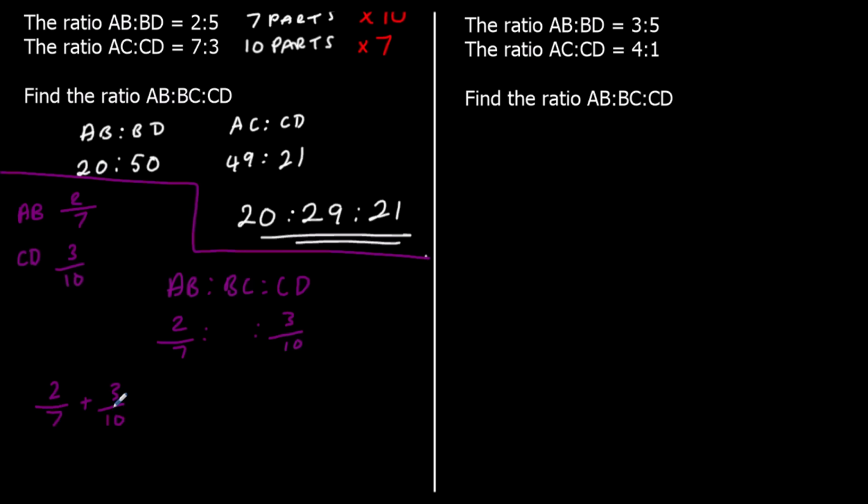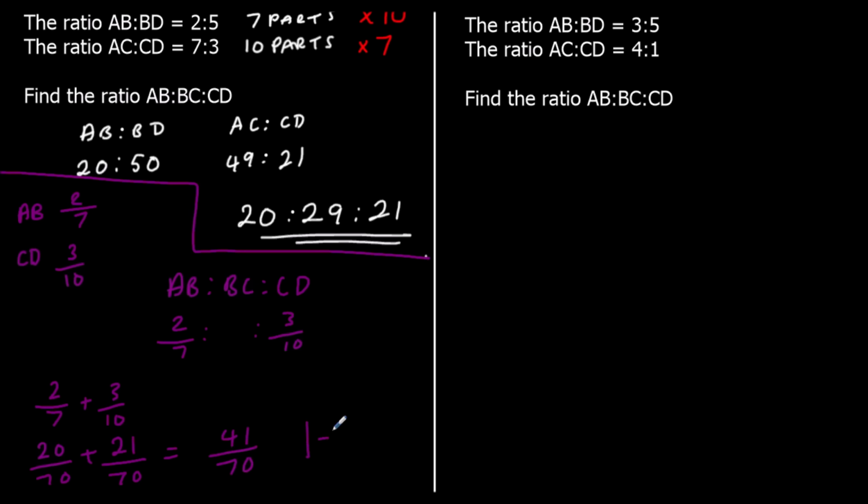I'll add them up. So I'll multiply 2/7 top and bottom by 10. To add fractions, we need to make the denominators the same. And top and bottom multiplied by 7 for 3/10, so 21/70. So we've got 41/70 so far.